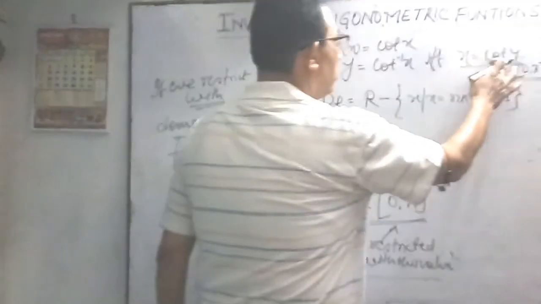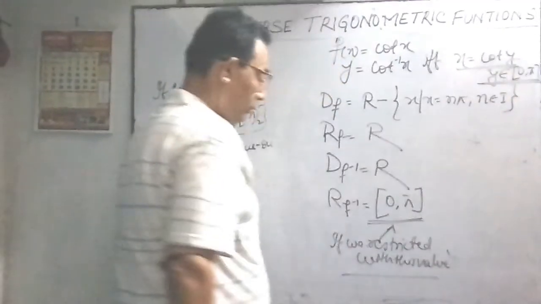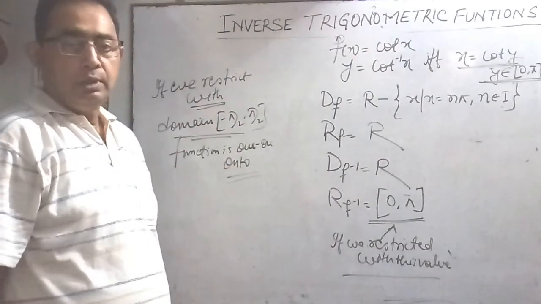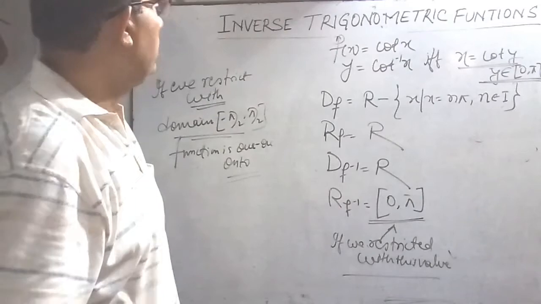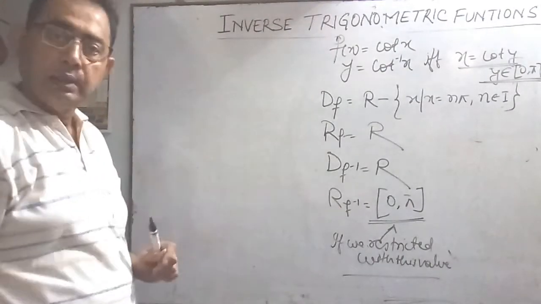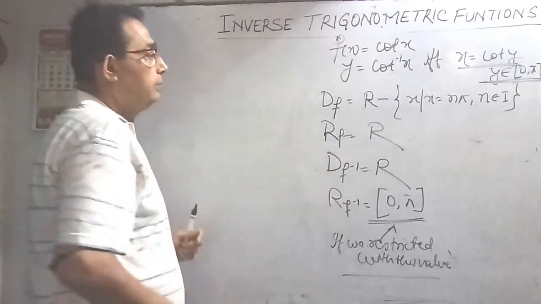Understood? f(x) equal to cot x. Is it clear? This thing is clear or not? Clear? You note it down.